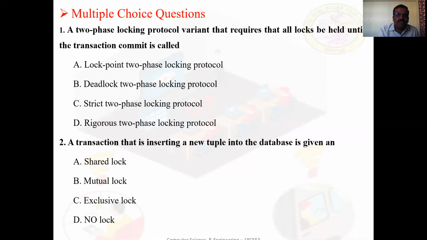Second question: a transaction that is inserting a new tuple into the database is given: A, shared lock, B, mutual lock, C, exclusive lock, D, no lock. Answer is C, exclusive lock.